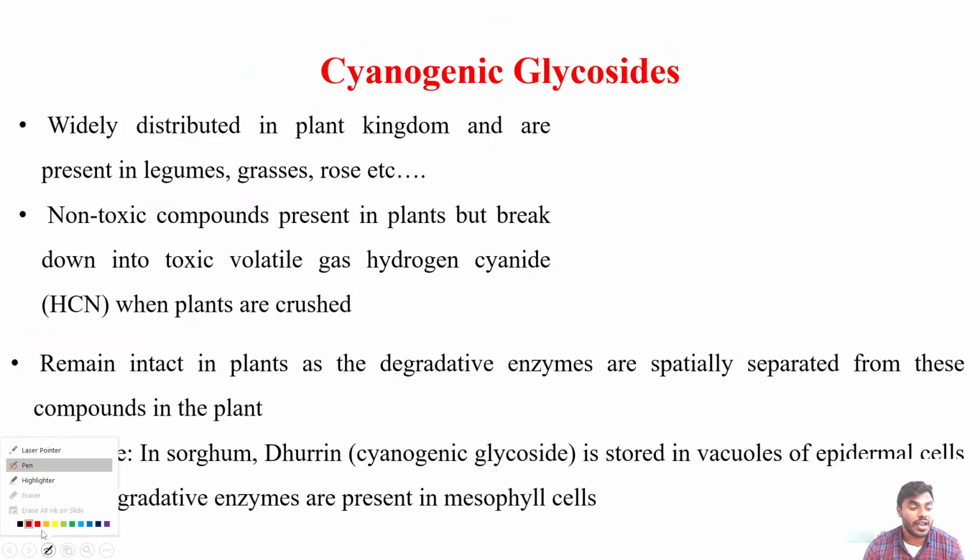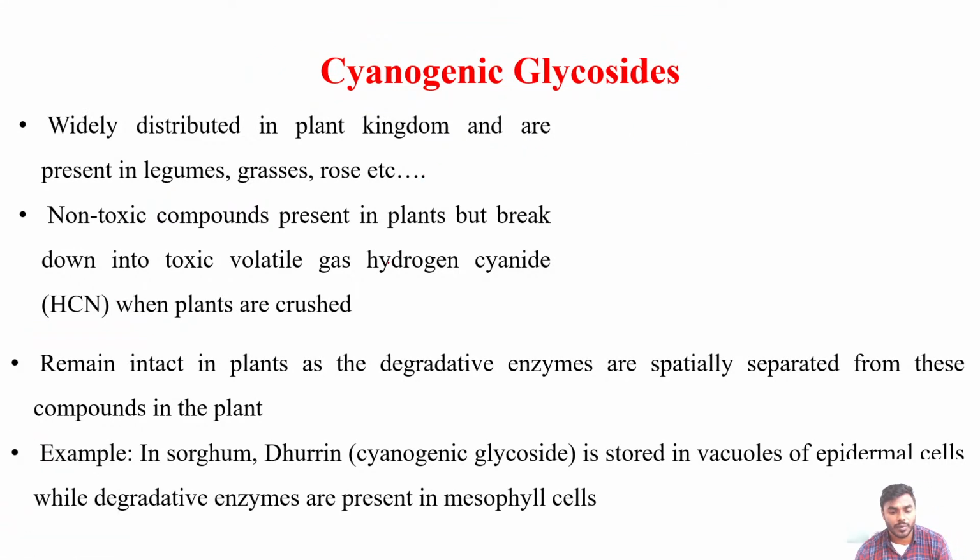Never ever. Why? Because whenever they are present in the plant, they are always present in the inactive form. They will remain intact in the plant as the degradative enzymes are spatially separated.